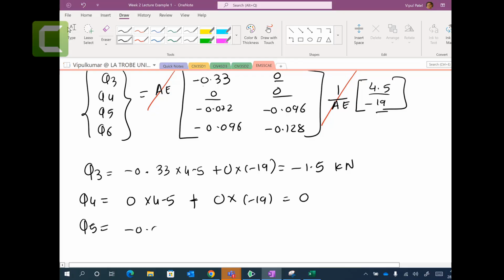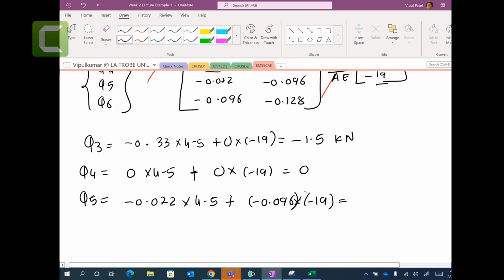Q5 is minus 0.072 times 4.5 plus minus 0.096 times minus 19, and you get 1.5 positive.